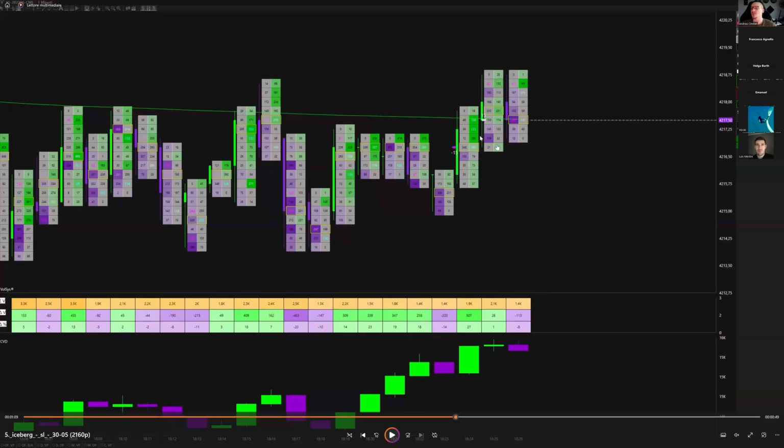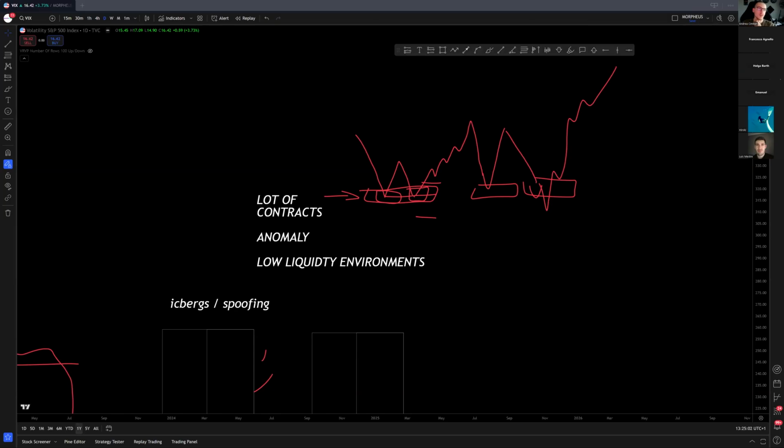So even a 1,000 or 2,000 contract iceberg will be like a hot knife going through butter, okay? And there are going to be some stops here and they will be swept. They will hit the bid, then hit the ask very quickly, and your aggressive order is in a queue of market orders, so you can get a slippage on your stop loss. And this is what happened here.